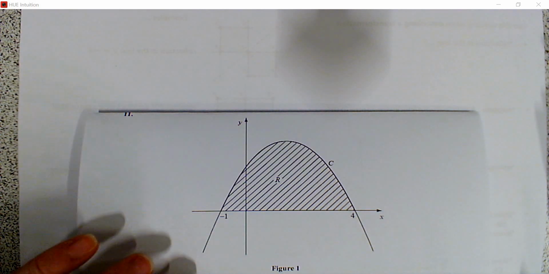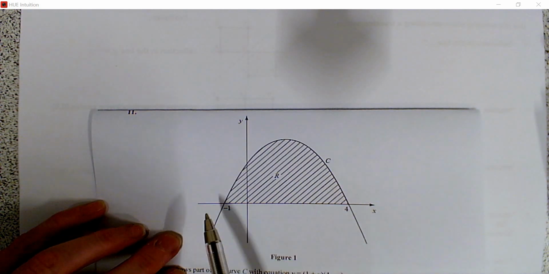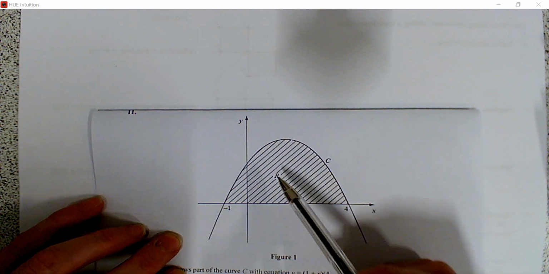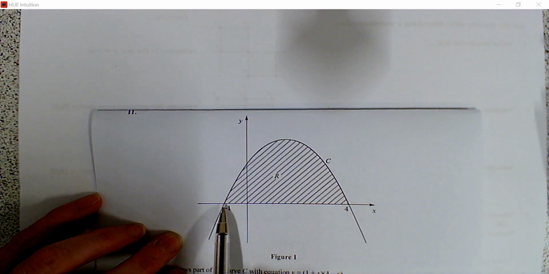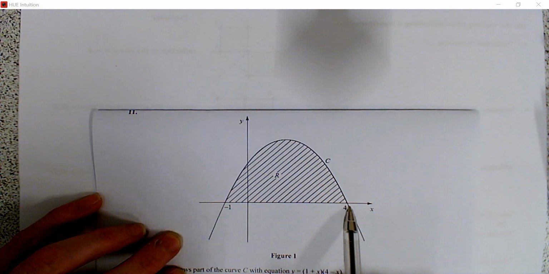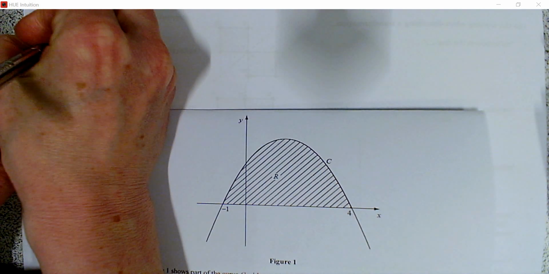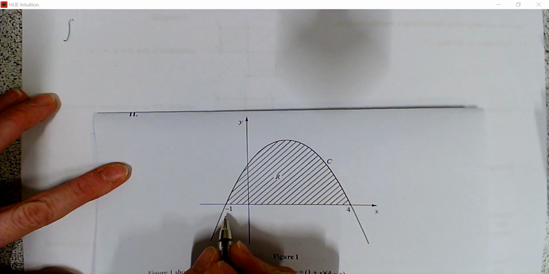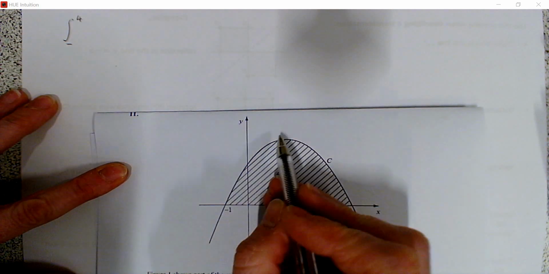So the simplest sort is when we have a curve lying above the x-axis, and we want to find an area between the curve and the x-axis. In this case, it's going from one root to the other root, so we can integrate. We'd integrate from -1 up to 4 of the equation of the curve.